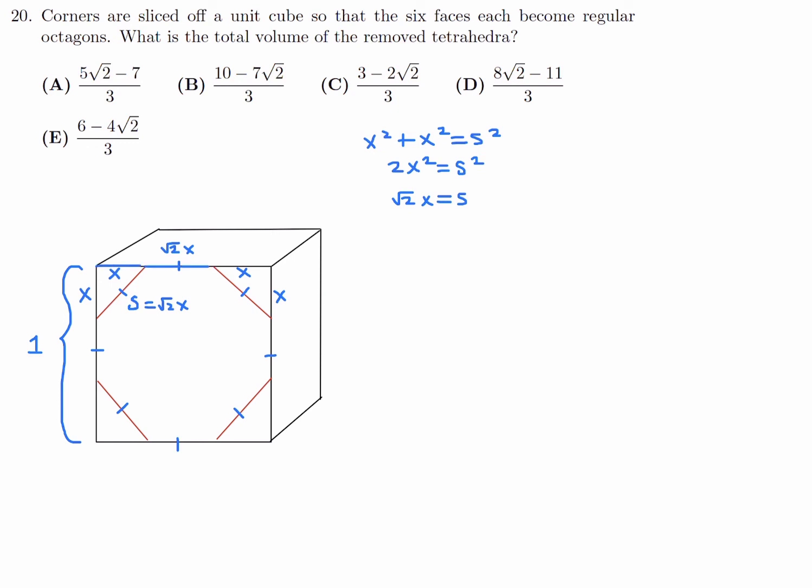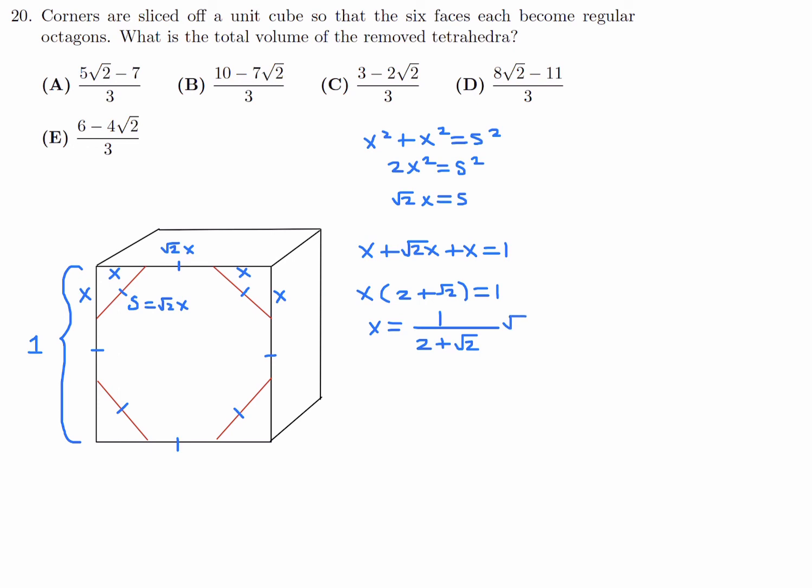Now, this plus this plus this is equal to 1. And I can solve for x that way. Before I couldn't. So that means that x plus root 2 x plus x is equal to 1 because it's a unit cube, each side is 1. So factoring out x, we get x times (2 plus root 2) is equal to 1, and therefore x is equal to 1 over 2 plus root 2, like that.